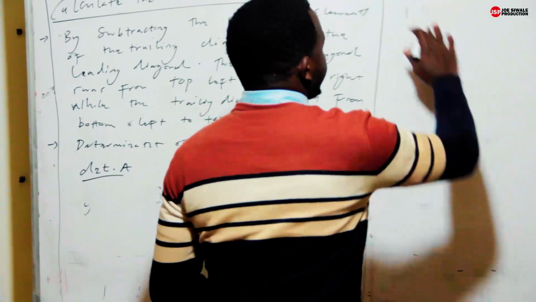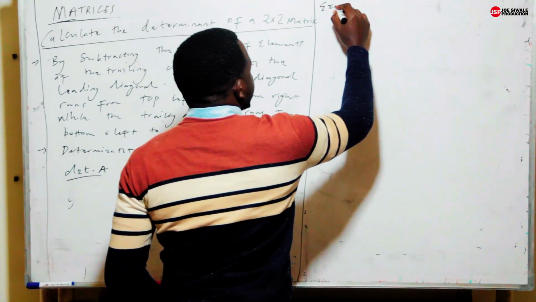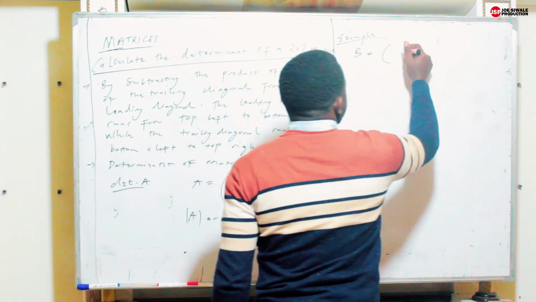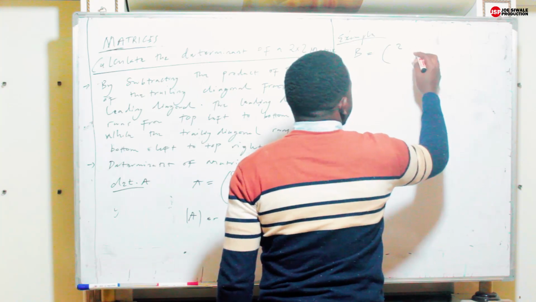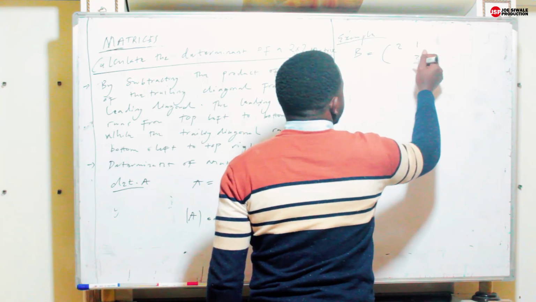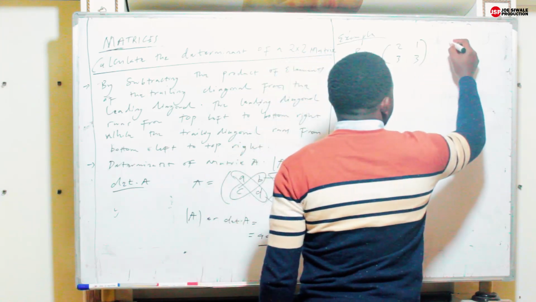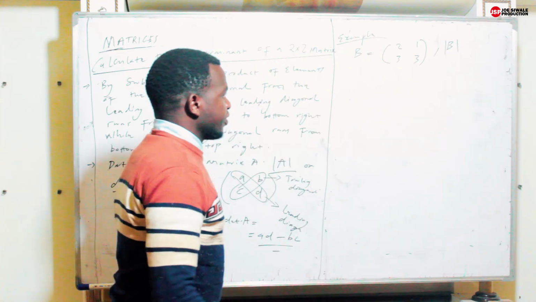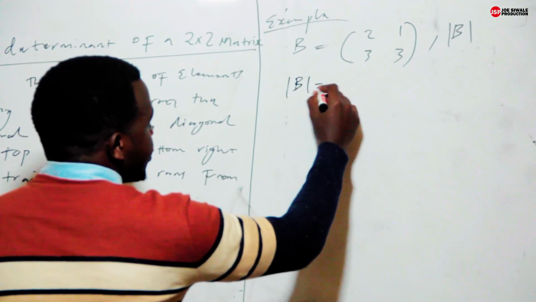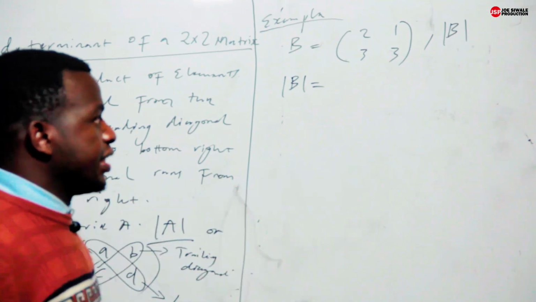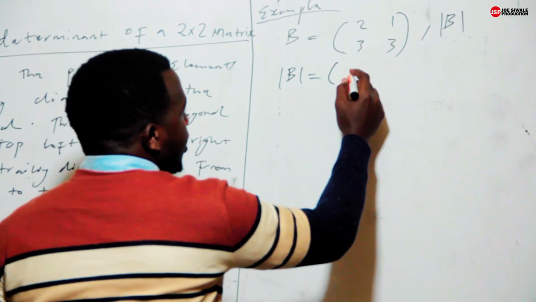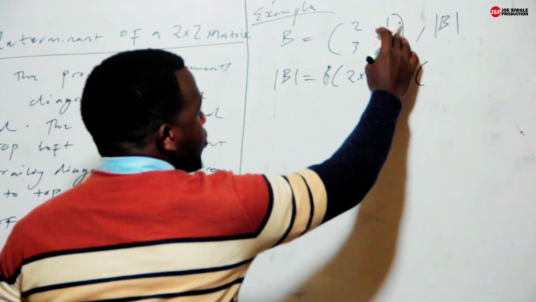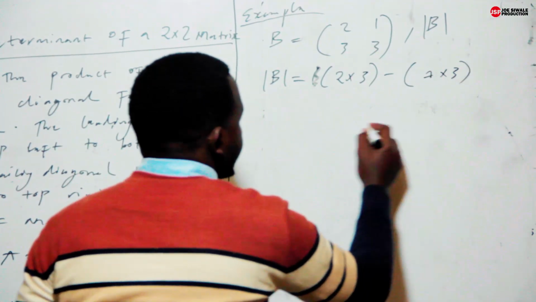So let us look at some examples. Our first example here, if we consider matrix B is having 2, 3, then 1, 3, and you have been told to find the determinant of B. So we're going to say the determinant of B is equal to the product of elements in the leading diagonal, 2 multiplied by 3, then minus 1 multiplied by 3.